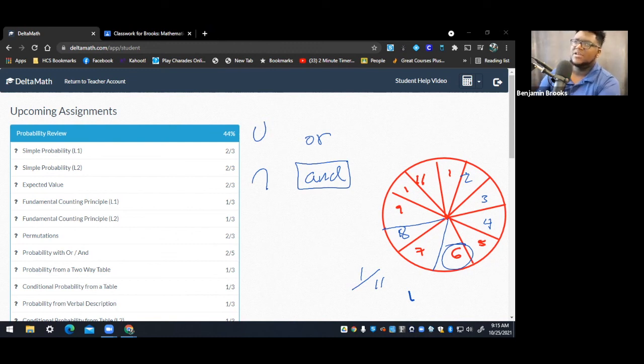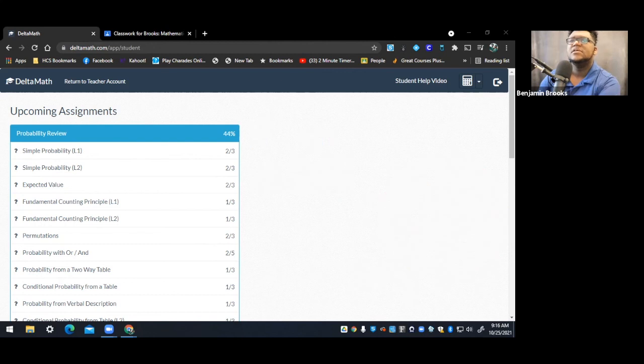So or could be 2, 3, 4, 8, 9, and even 10, right? But for and, there was only one number that satisfied both, and that was 6. Y'all see the difference? That's the difference between or and and.